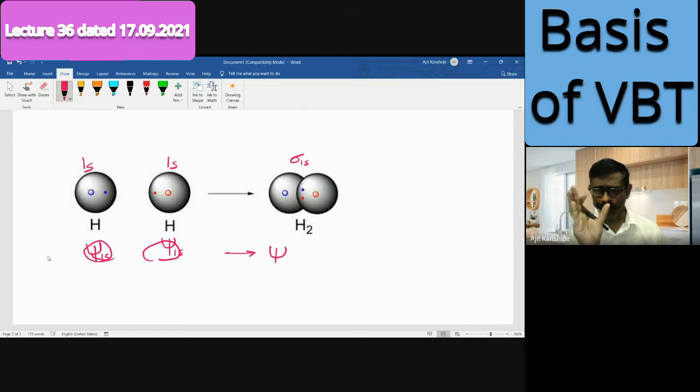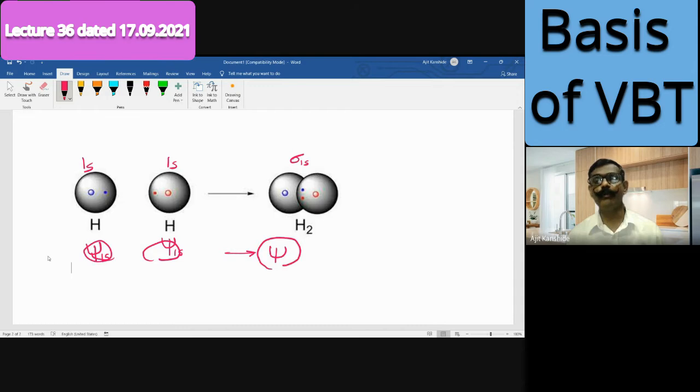So one wave function interacts with the other to give a resultant wave function. This wave function itself has no physical significance, but it is used to find the probability of finding the electron cloud, and the energetics also we can find by means of the Schrodinger equation.